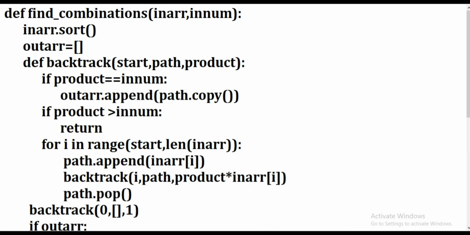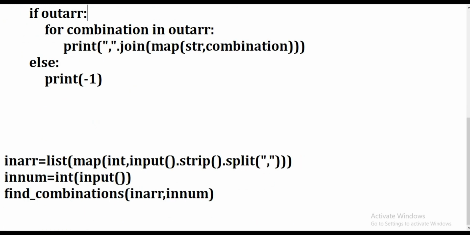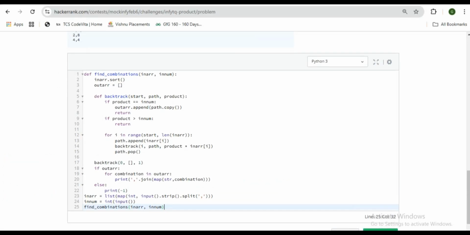The first number is 2, which is multiplied with the product 1 and entered into the path. If the product of the path equals the input number, the path copy is added to the outer array. After adding all the arrays, the output is printed by calling this function.